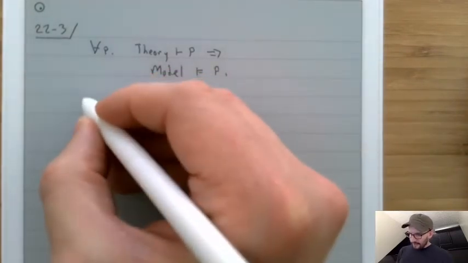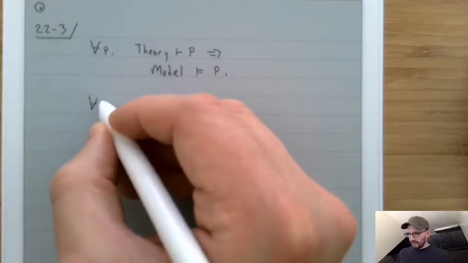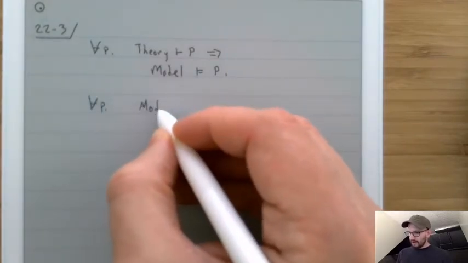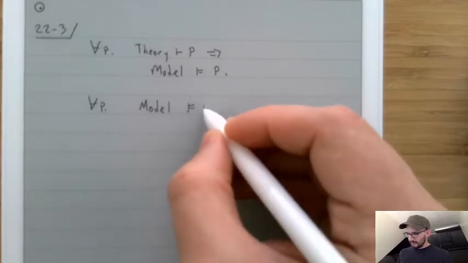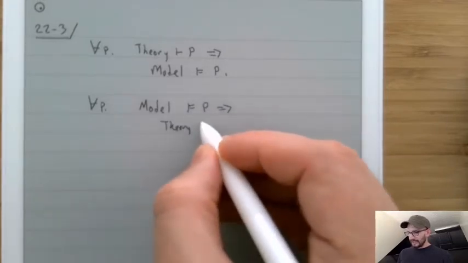There's another kind of connection between theories and models, which says for all P, if the model exhibits something, then that means that the theory predicts that thing.